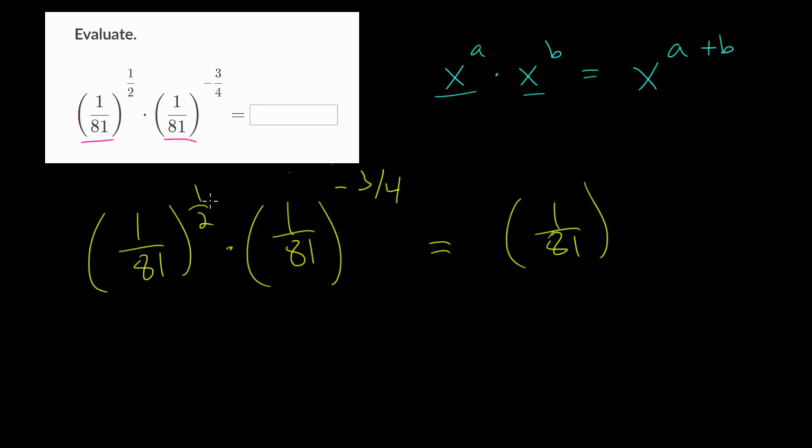And since we're adding and subtracting fractions here, let's give them a common denominator. We'll make this 2/4. And we're adding minus 3/4, so just subtracting 3/4. So simplifying, this is 1 over 81 raised to the minus 1/4 power.